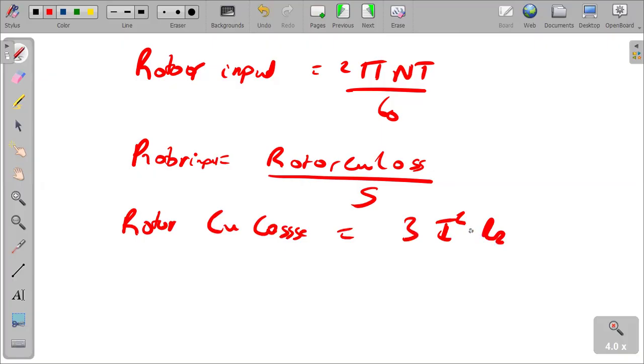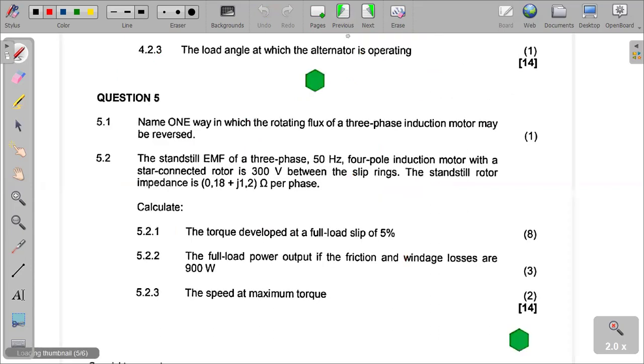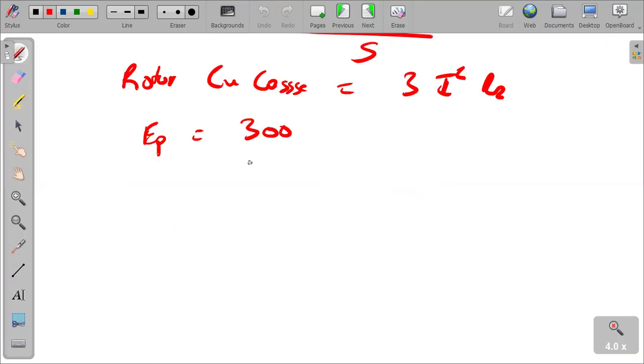First things first, we'll calculate EP. EP is equal to 300, the voltage we have been given, divided by root 3. So this is our VL, which is equal to 173.205 volts.